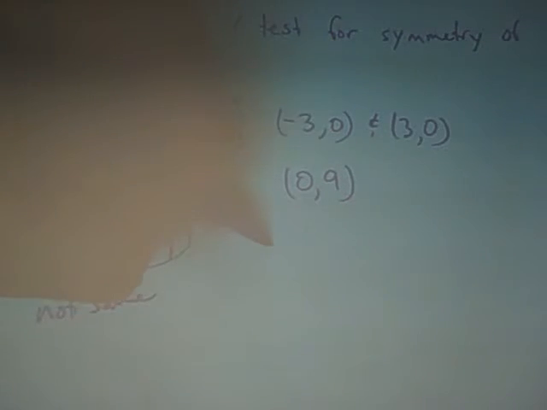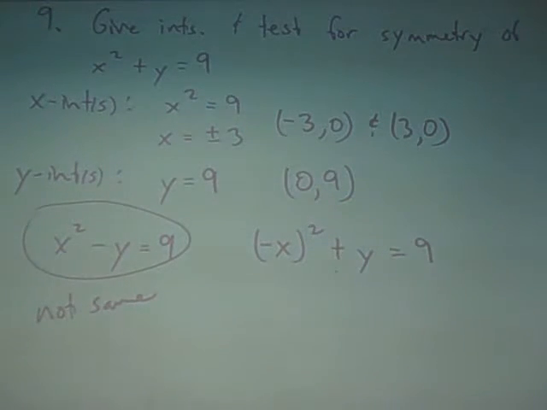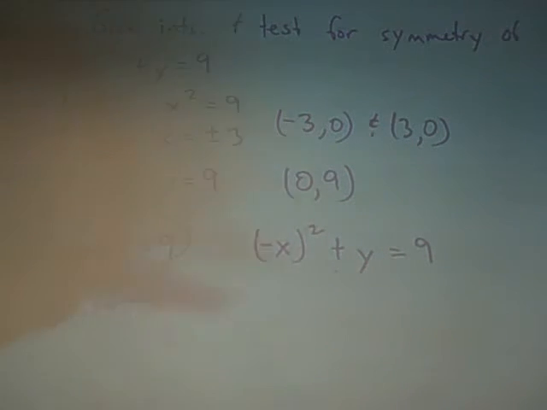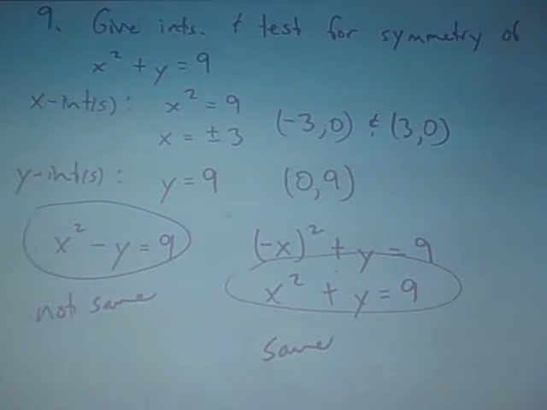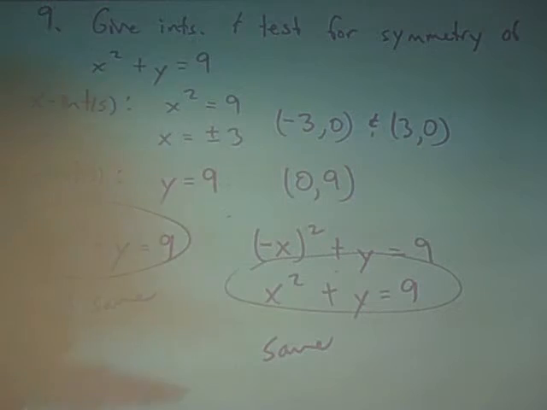For the y-axis, we replace x with -x. And because we have a -x squared, that actually ends up being the same as x squared plus y is equal to 9. That is the same. So since this is the same as the original equation, we do have symmetry with respect to the y-axis.